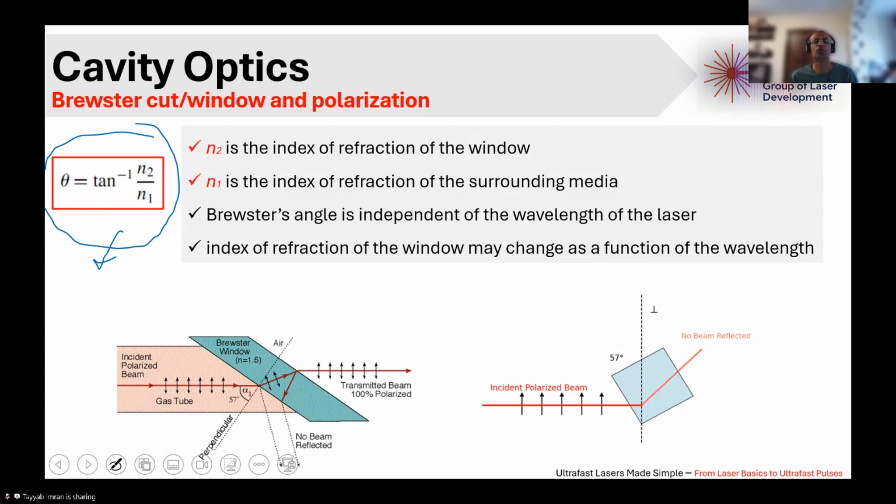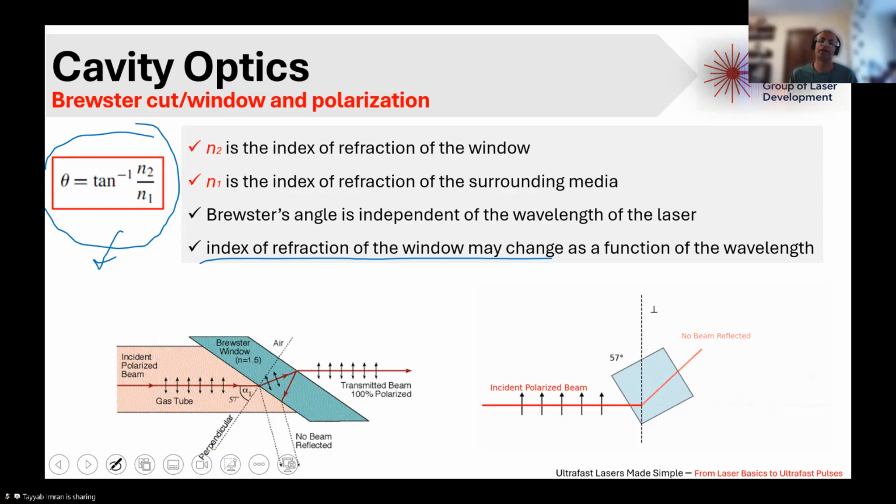But there is something: the index of refraction may change as a function of wavelength. There are some formulas which I am not showing here, which link the change of the index of refraction with the wavelength, which also changes a bit.